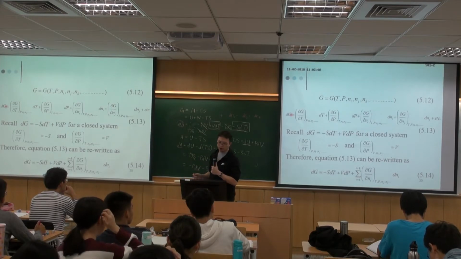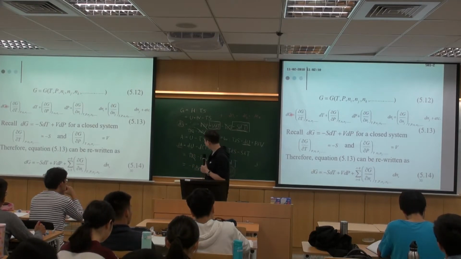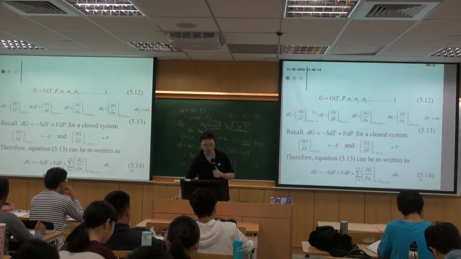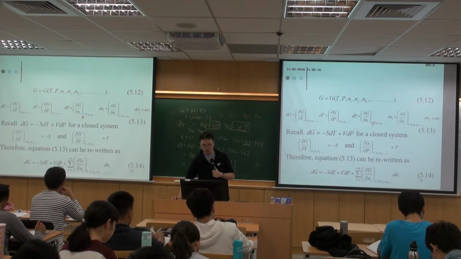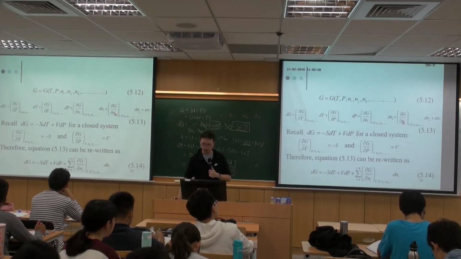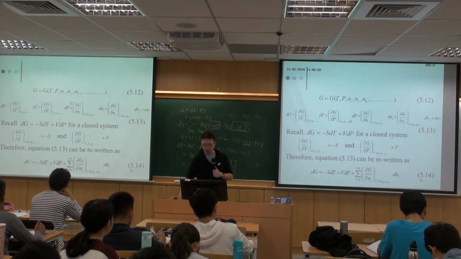And that's the reason why over here you have, of course, partial G partial T, partial G partial P, but also partial G partial Ni, and Nj, et cetera.